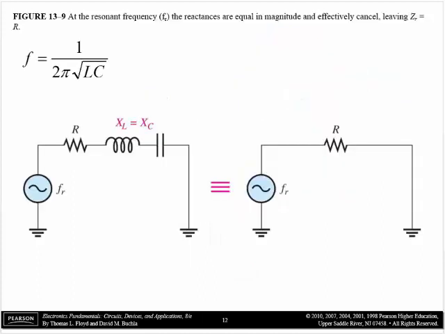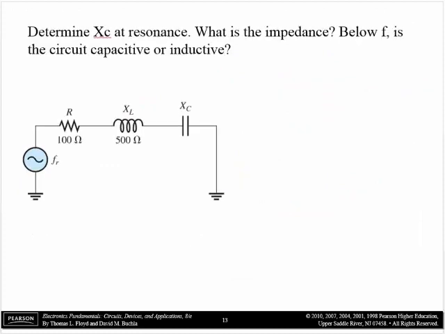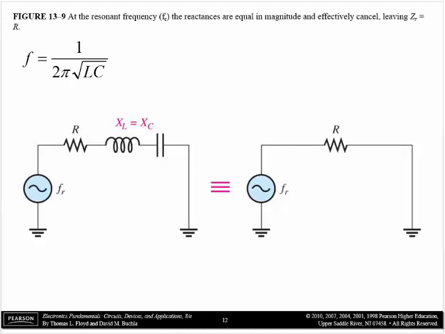Okay, so let's go back to talking about the resonant frequency that occurs. I said it's the frequency where the capacitive reactance and the inductive reactance cancel out.